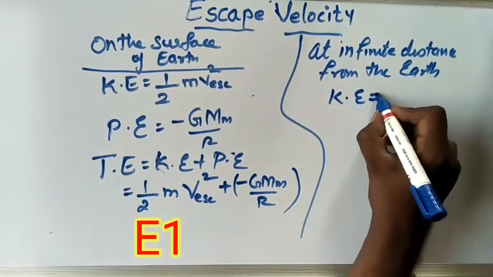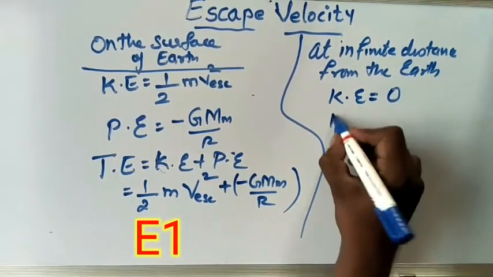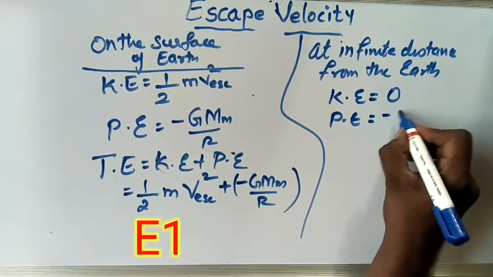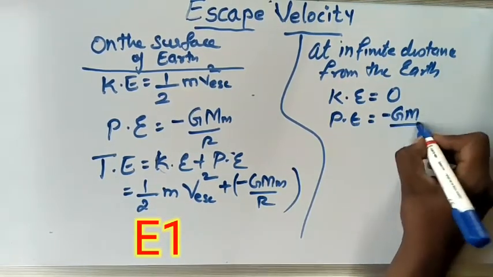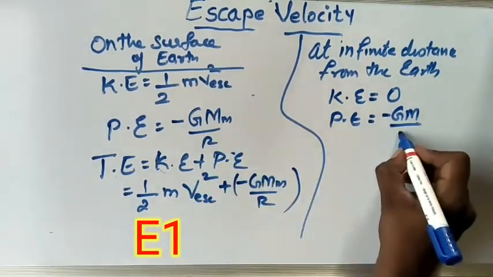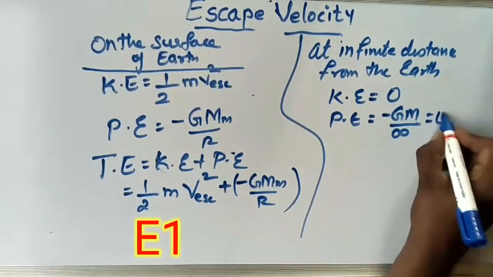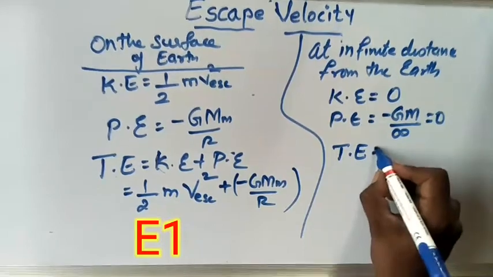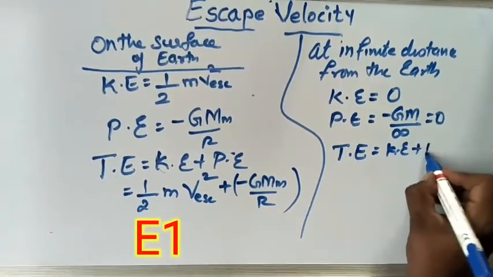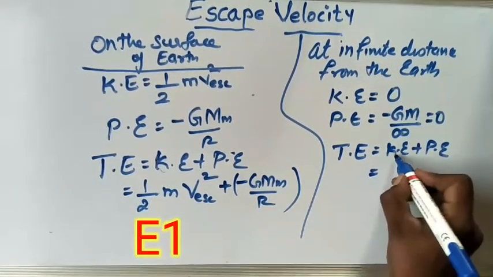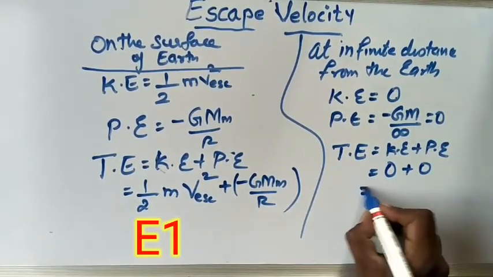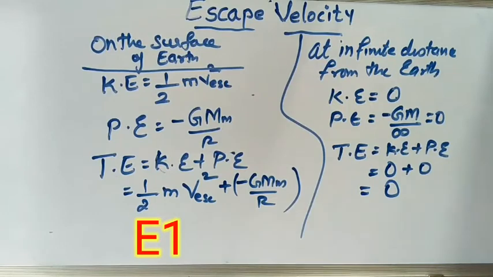So the kinetic energy is zero. Potential energy is also minus GMm upon infinity, so it is zero. So what about total energy? Kinetic energy plus potential energy: kinetic is zero, potential is zero, so the total energy is zero.